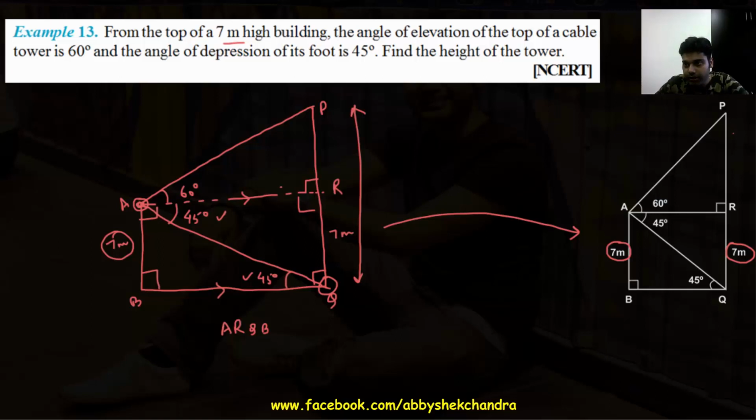If we find PR, let's say it's X, or let's call it H. If we find H, then H plus 7 will be the height of the tower, right?